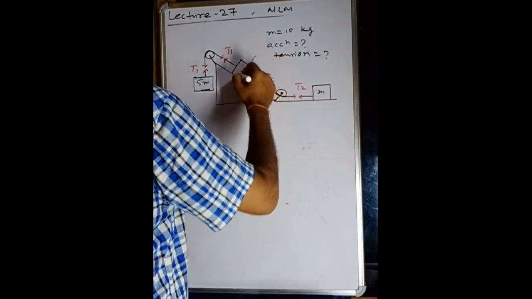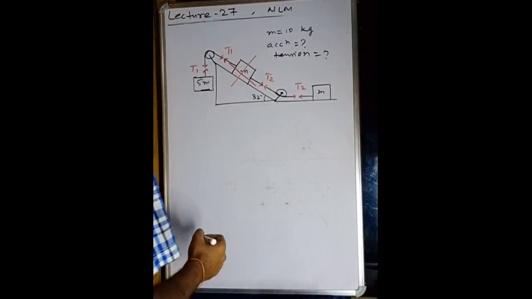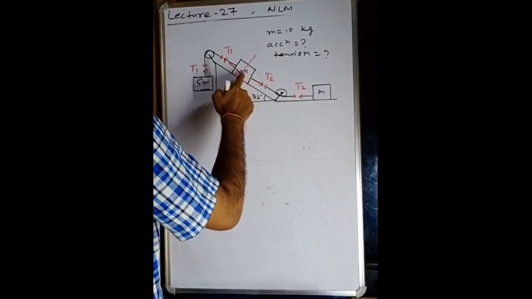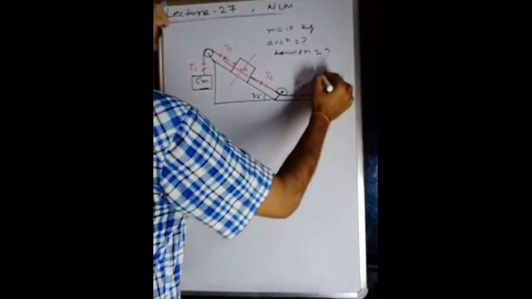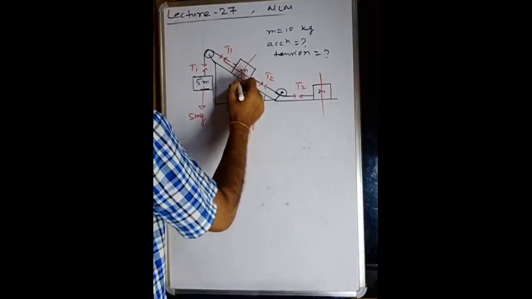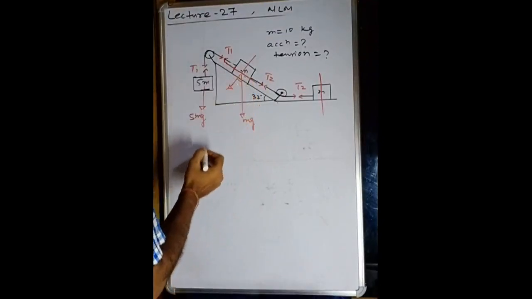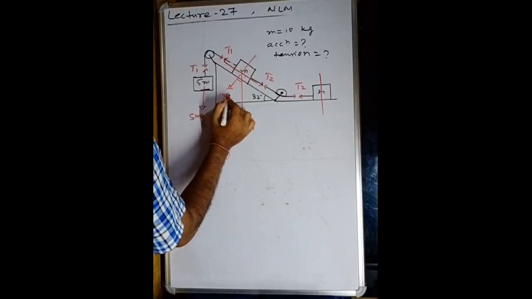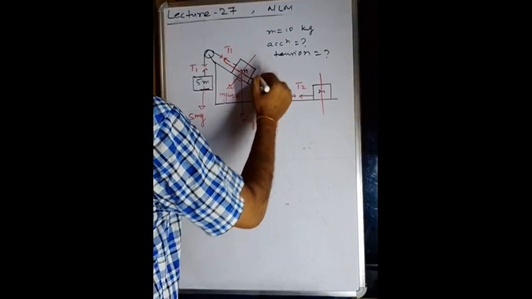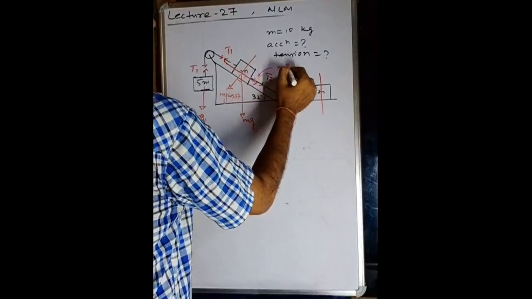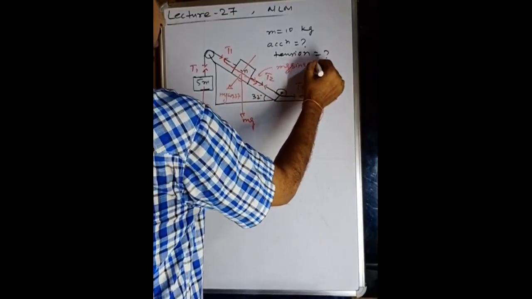Now over the inclined plane, we have to make the plus sign for the consideration of force. Here the 5 mg. Now mg, with this axis there will be the angle theta, so the mg cos 37, and in this direction I am writing mg sin 37 degree.